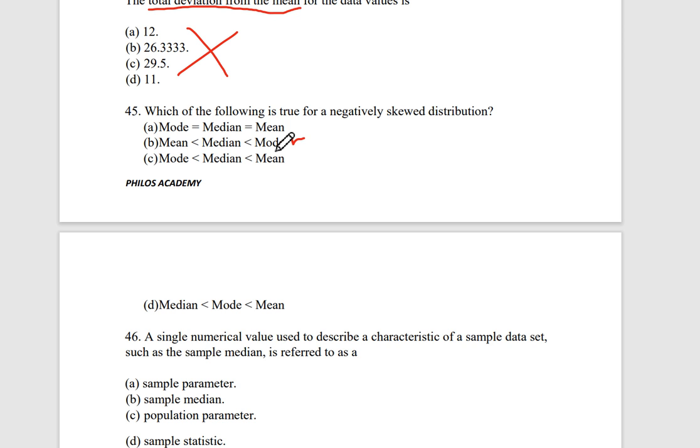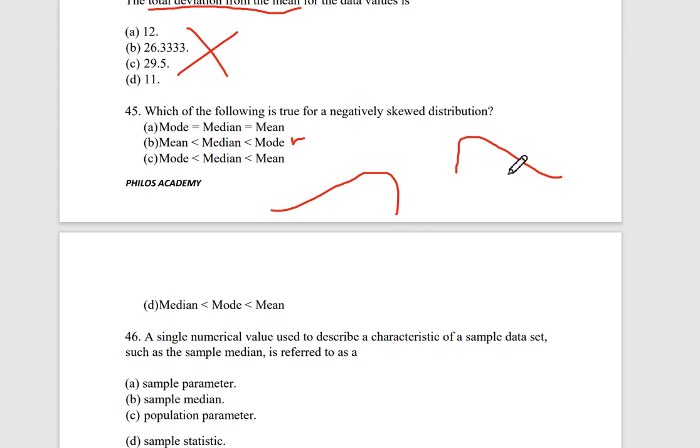When a curve slants, we say the curve is skewed. A curve that slants to your right is a right skewed curve. A curve that skews to the left is a left skewed curve.